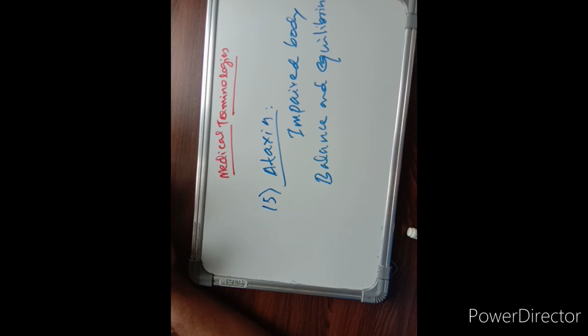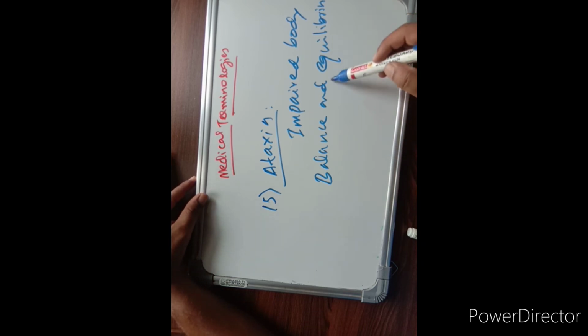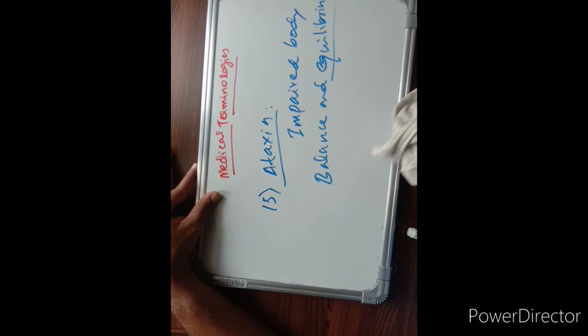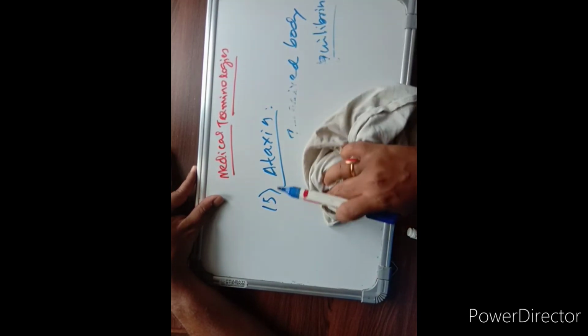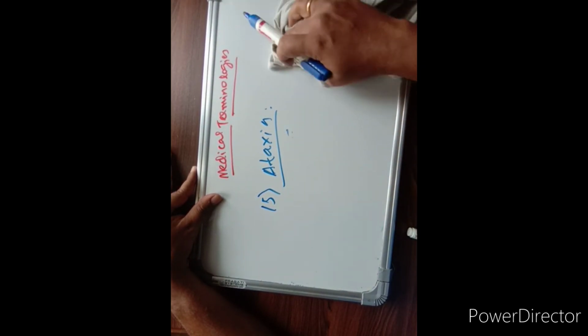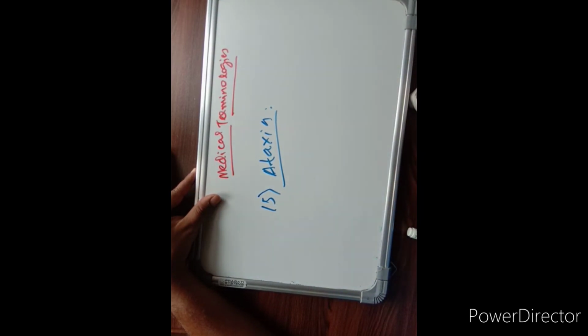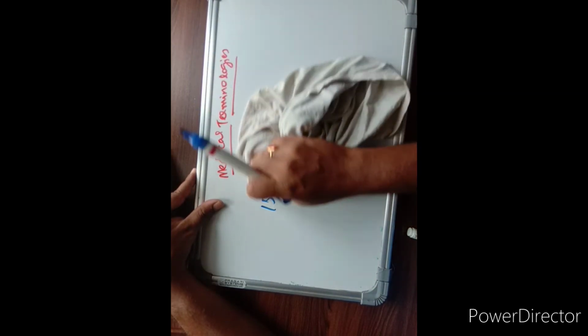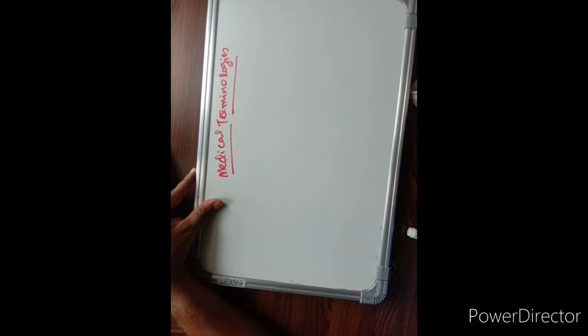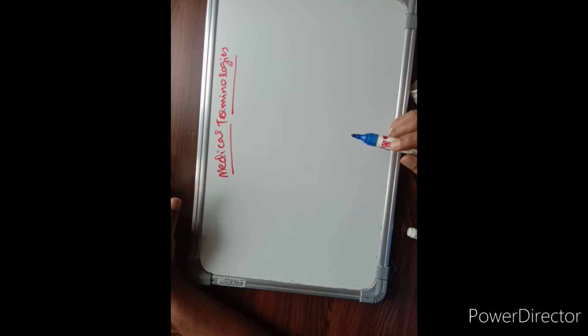The patient will have a loss of body balance and equilibrium. Usually the cerebellum part of the brain maintains this body balance and equilibrium. So here the patient has an impairment in body balance and equilibrium. The terminology for that is ataxia. Whenever a patient has impaired body balance and equilibrium, medically we say it is ataxia.